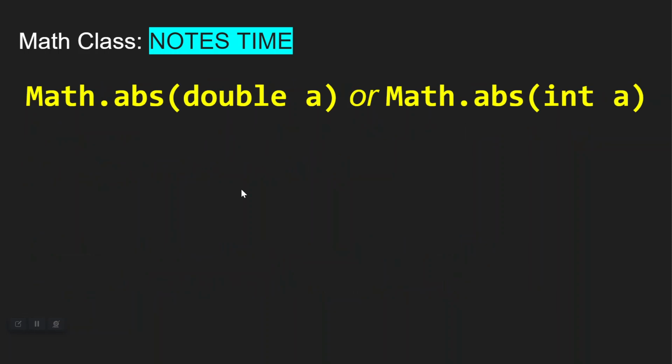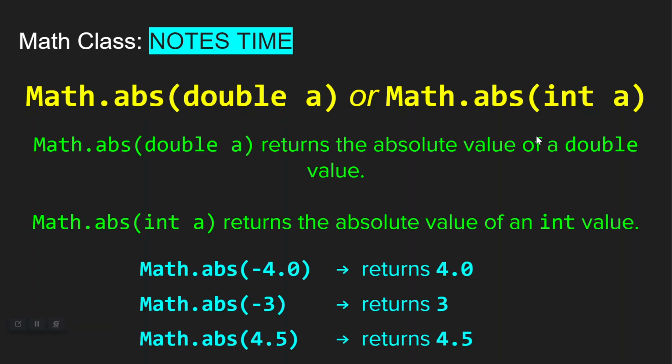All right, so the first one that we want to know is Math.abs, and you can pass in a double or you can pass in an integer for this one. Math.abs with a double will return the absolute value of a double, and Math.abs with an integer being passed in will return the absolute value of the int.